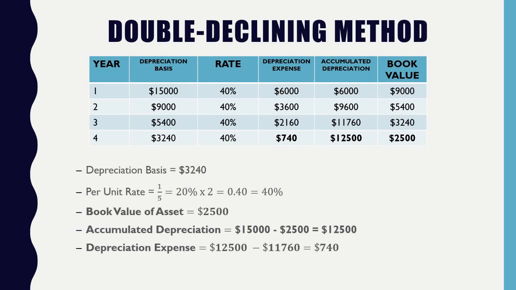So there's all of your answers. In this case, the book value is 2,500. Your accumulated depreciation is now 12,500, and your amount to depreciate for that 4th year is going to be $740. So in this case, once your book value falls below salvage value, it cannot do that.